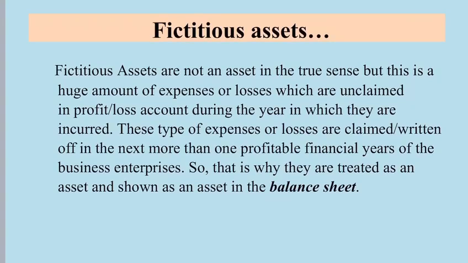So this expenditure has the capacity to generate revenue not only for that year but for future years also. Let's say they have made Amitabh Bachchan their brand ambassador, for which they have paid a lot. Now the company will benefit from this endorsement for, let's say, 4 to 5 years to come.